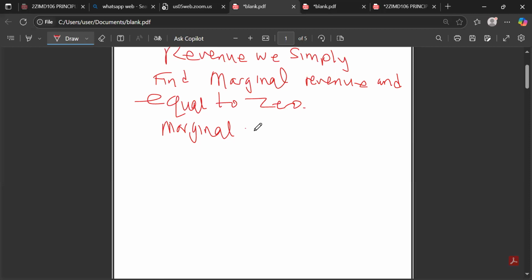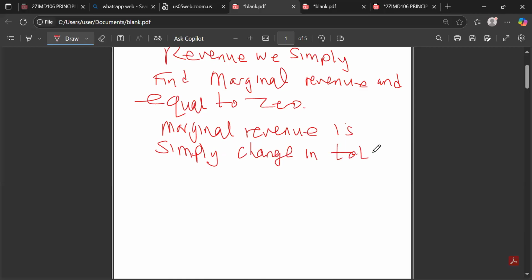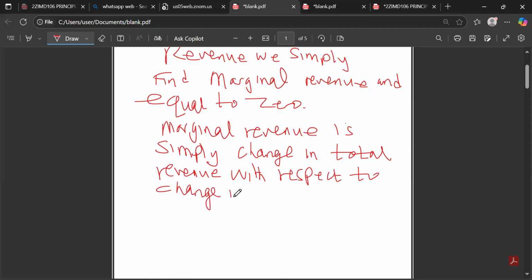Marginal revenue is simply the change in total revenue with respect to change in quantity.